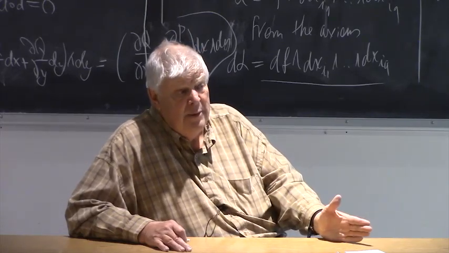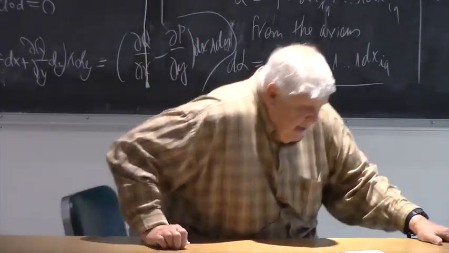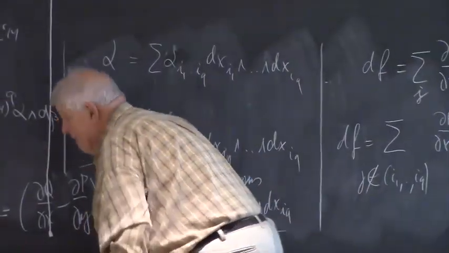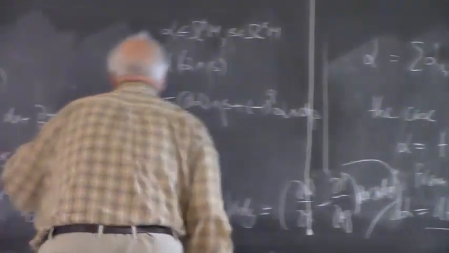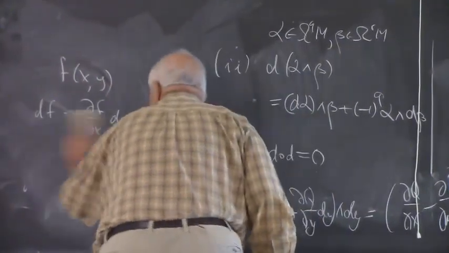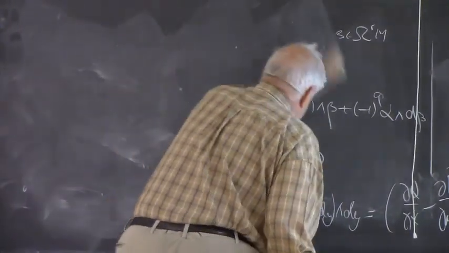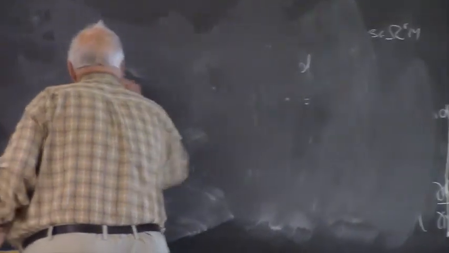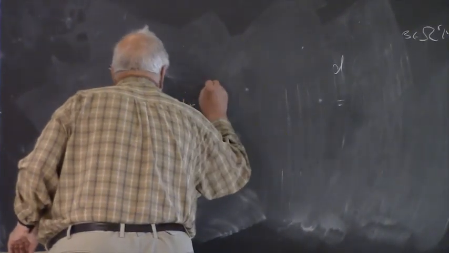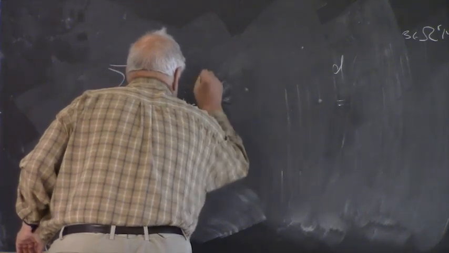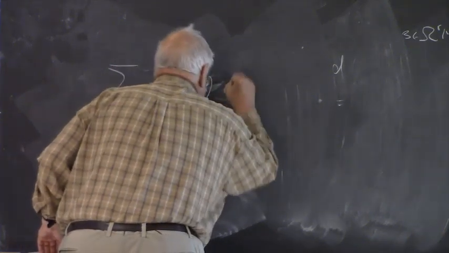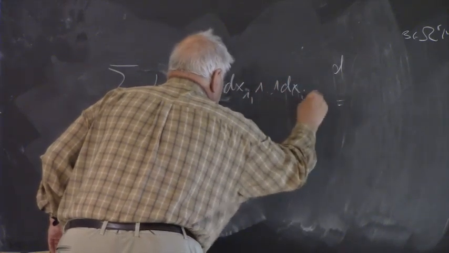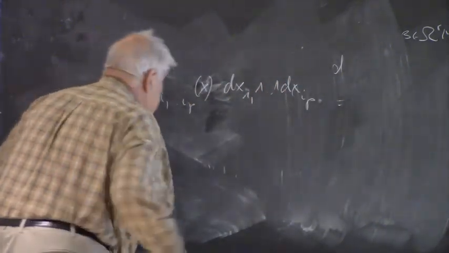I will not do this, but you understand that if we have a form like this, the sum of alpha i1...ip dx i1 ... dx ip, the sum over i's.